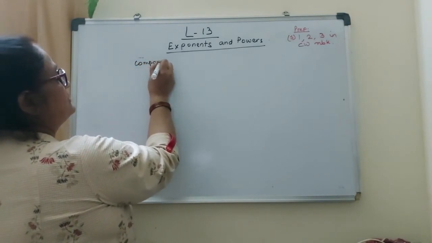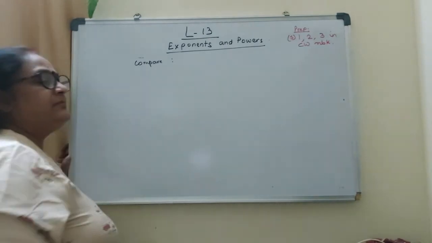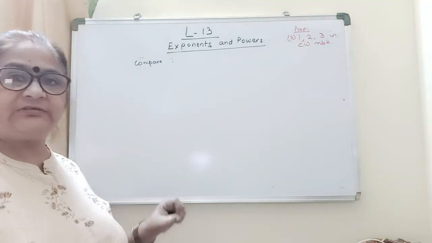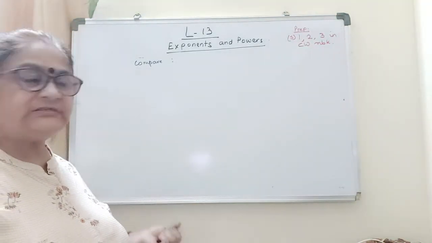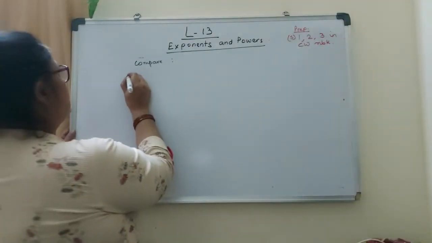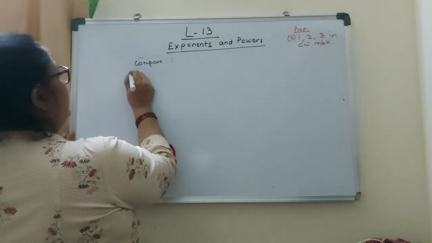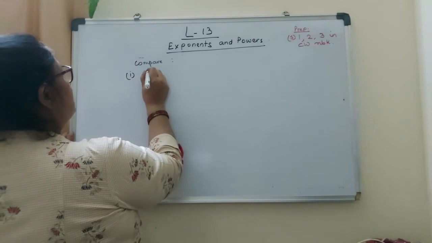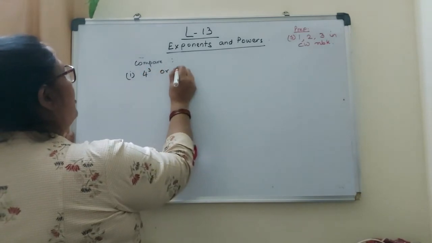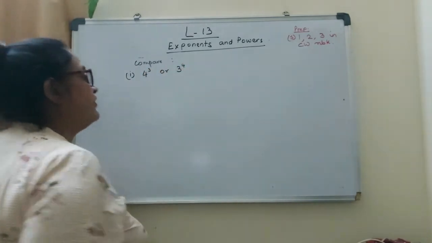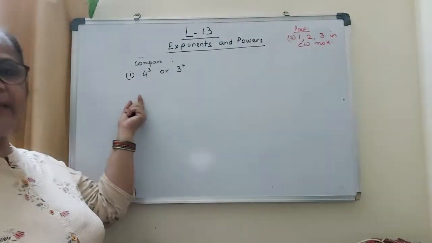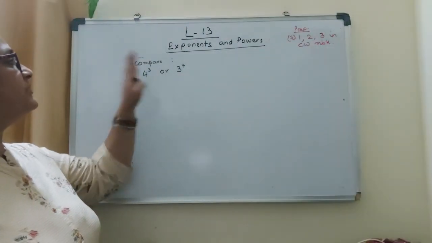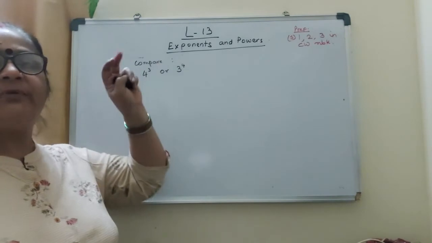Compare means to find out which is greater or which is smaller. So let us take the first one. 4 raised to the power of 3 or 3 raised to the power of 4.